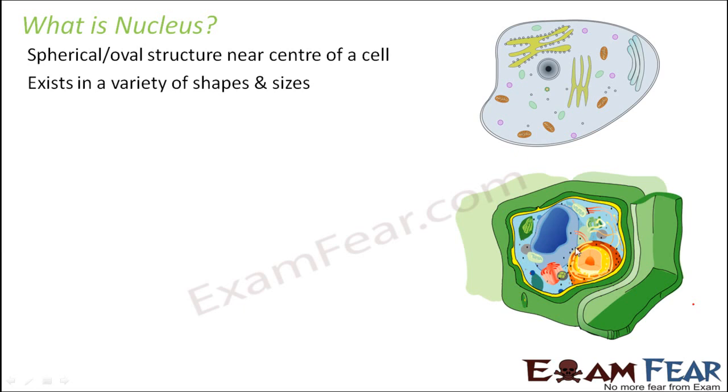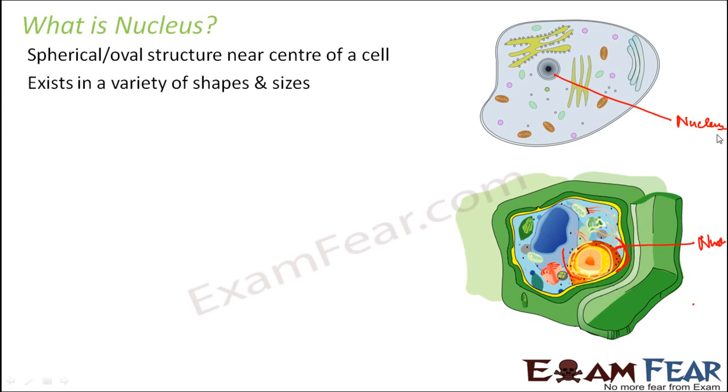So due to the presence of such a large vacuole, sometimes the nucleus gets pushed towards the periphery. So this orange structure is the nucleus. You see it is located at the periphery due to the presence of vacuole, but otherwise it is mostly located at the center.